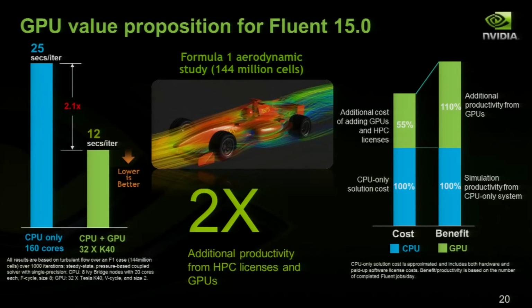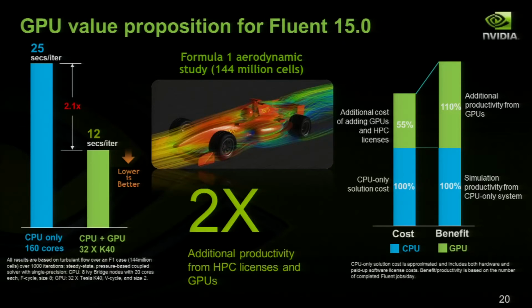Let's now talk about the value proposition, or the cost and benefit analysis for your investment if you choose GPUs. The way to do that is to consider the system cost: your hardware cost and at least your license cost, because licensing is a key component of total solution cost.